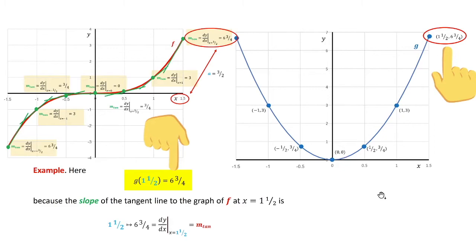Now, I'm putting both graphs on the same slide here. And we can see the connection here. So if I pick x equals 3/2, that is a was 3/2. The slope of this tangent line is, well, 6 3/4. That's what I get from looking at this graph g. That's how I construct this graph.